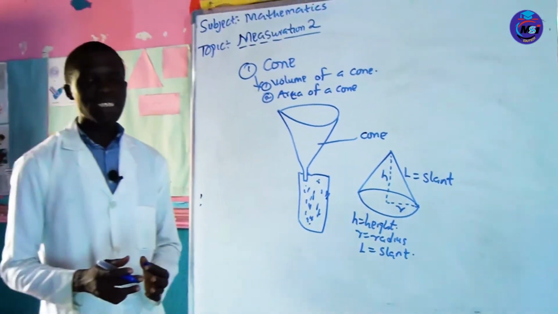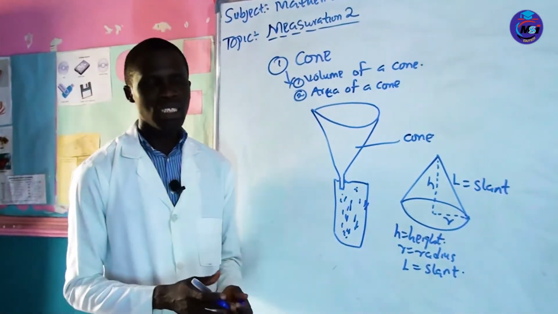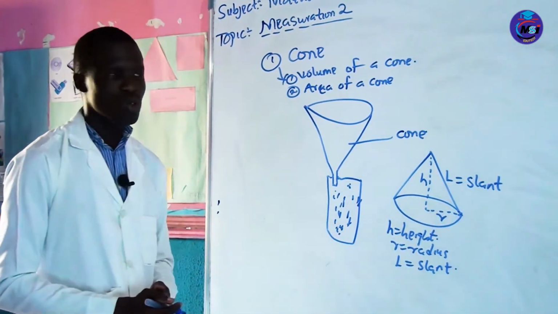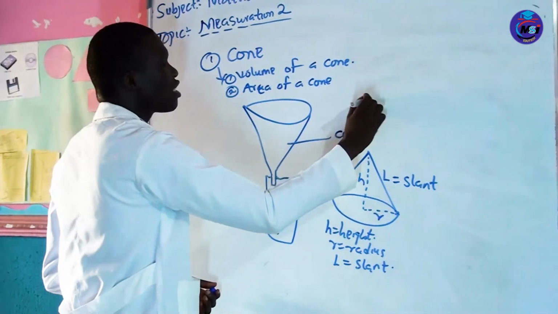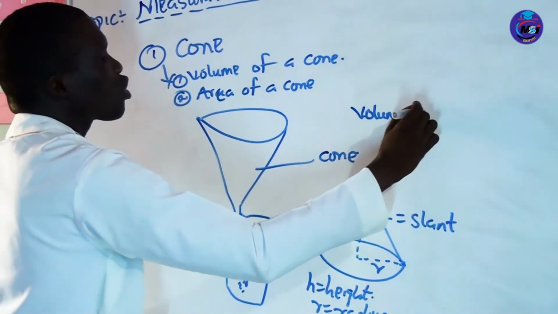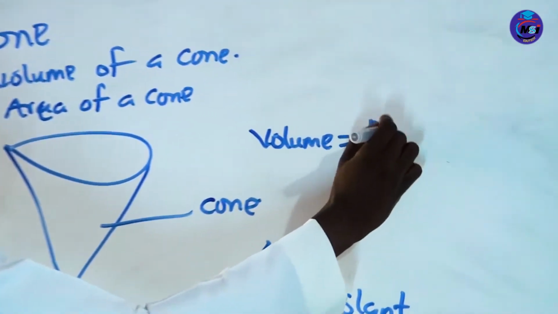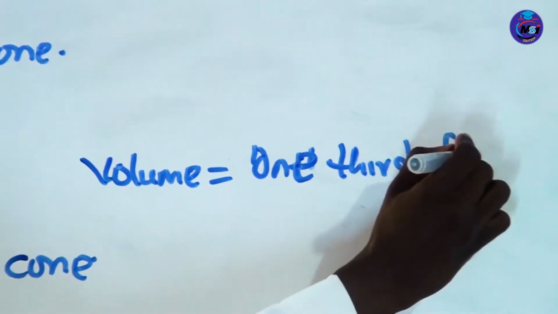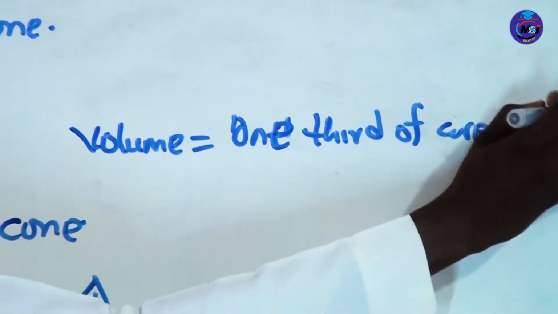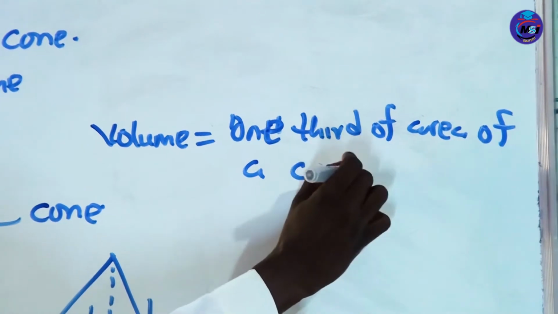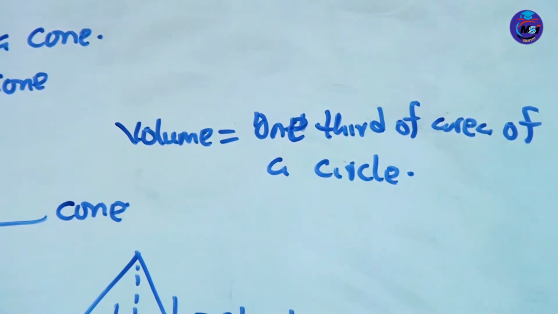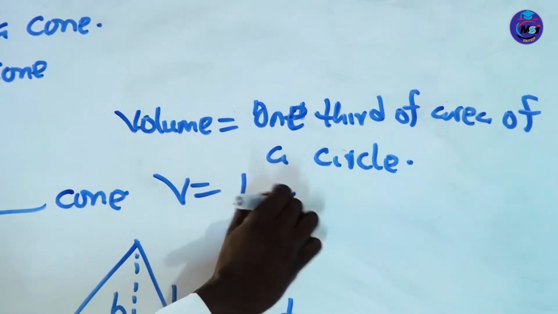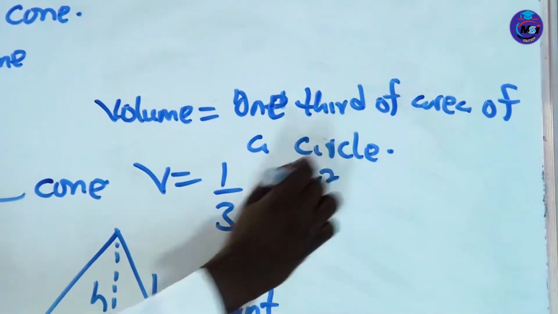Now, we want to look at volume of a cone. How can we find volume of a cone? That's what we want to look at now. Volume of a cone equals 1/3 of the area of a circle times height. V equals 1/3 times pi r squared h.